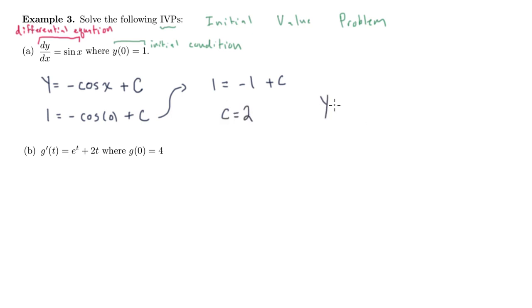So my specific solution to this initial value problem is negative cosine of x plus 2. And you see that if I take the derivative of this function, I'll get sine x. And if I plug in 0 for x, I will get 1.